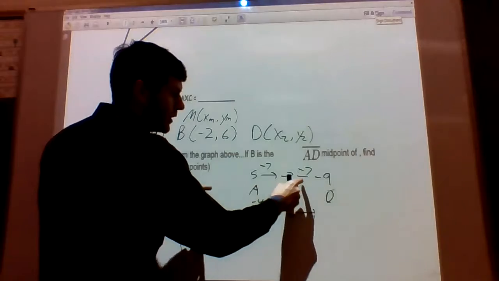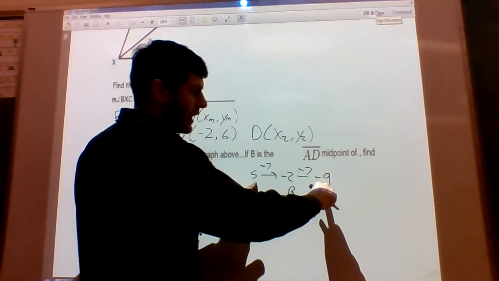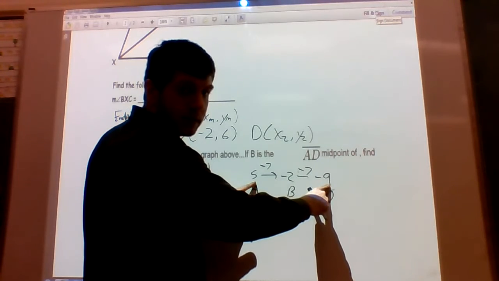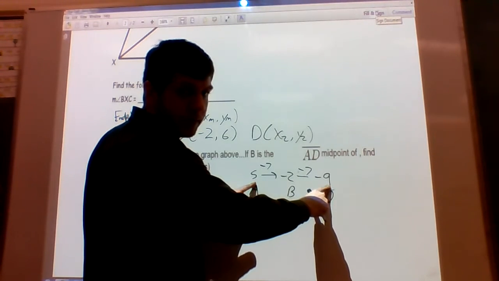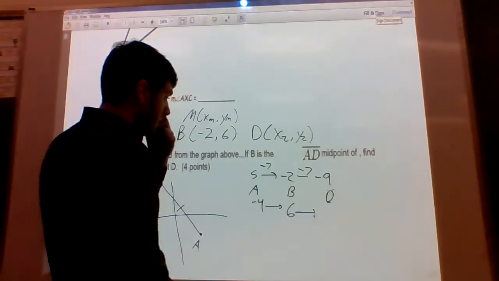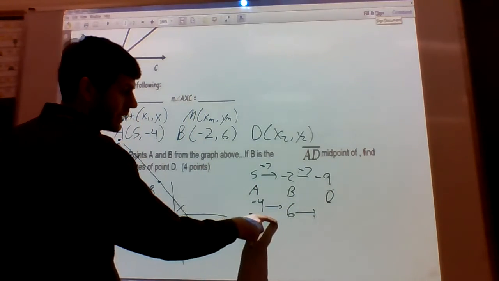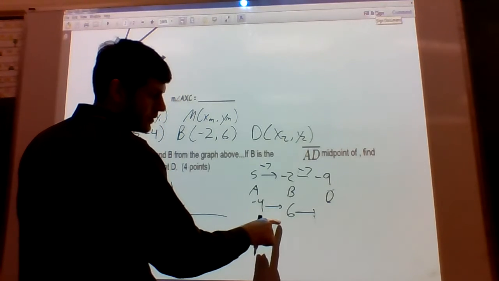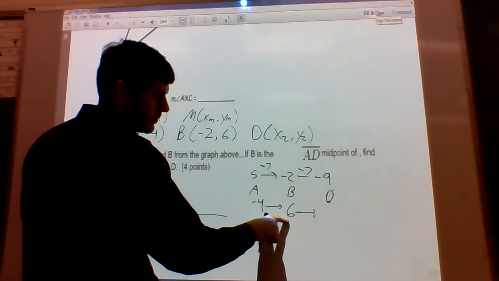So -2 is in the middle of 5 and -9. It's 7 away from each side. To get to 6, we have to go plus 10.